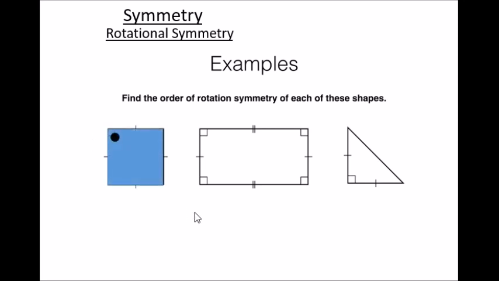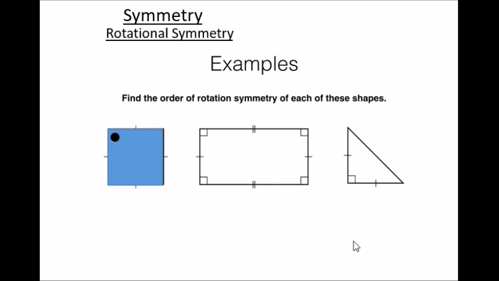And then rotate the tracing paper around until the shape looks exactly like its starting position. And we see how many times it looks like its starting position in a 360-degree rotation. In this case, once, twice, 3 times, 4 times. So the square here has order 4 rotational symmetry.